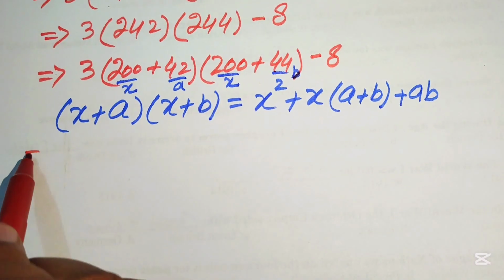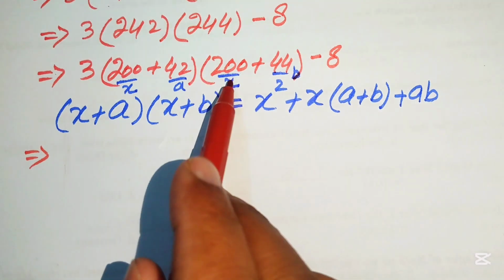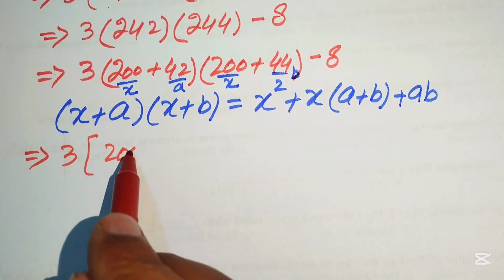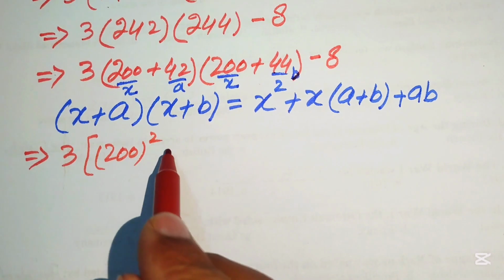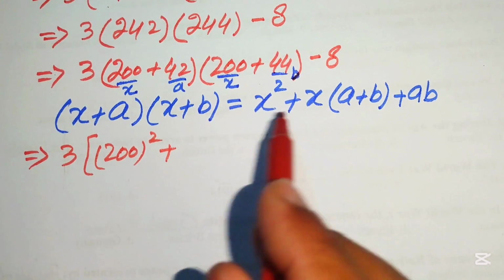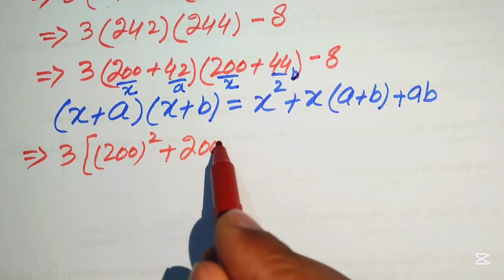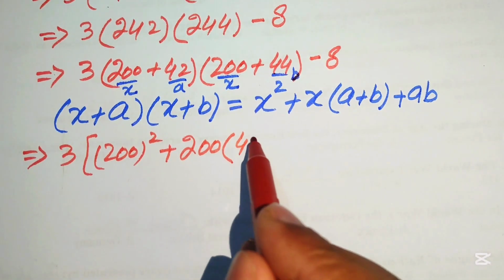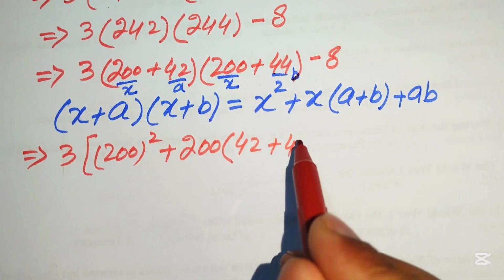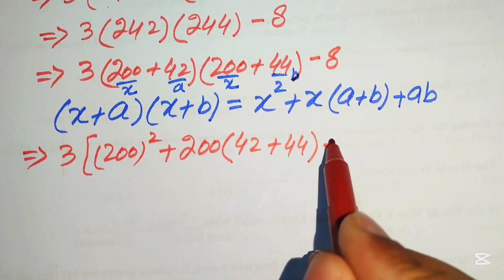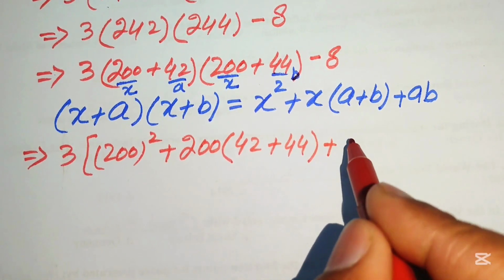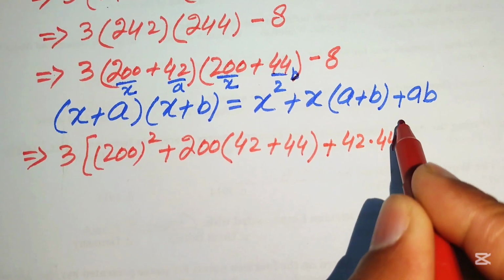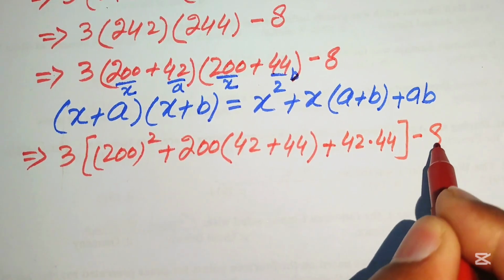So now here we first multiply x by x, so it will be written as 3 times of 200 square and plus this is x times, so here our x is 200 and a plus b, so a is 42 and b is 44 and plus ab. So here our a is 42 and b is 44 and minus 8.